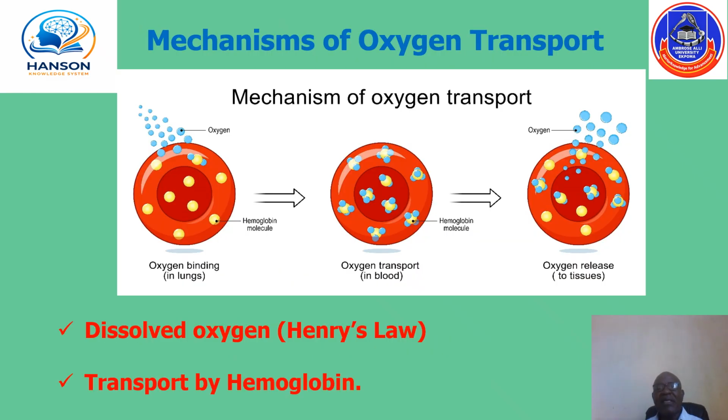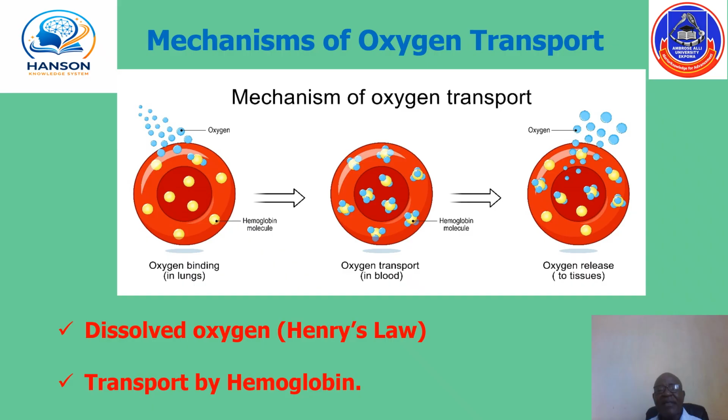Now let's look at the mechanism of transport. I tried to simplify it here. From the picture on the screen before you, you can see the red blood cell, the hemoglobin molecule, and the oxygen molecules.